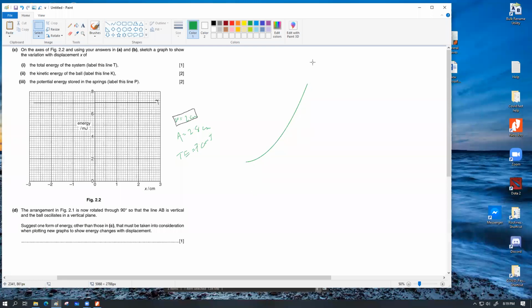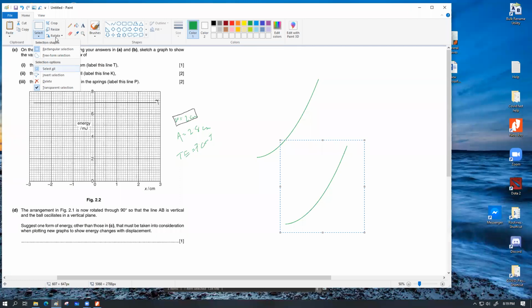So let's say this much should be over here. I would also need it horizontally shifted, which would mean flip horizontal.